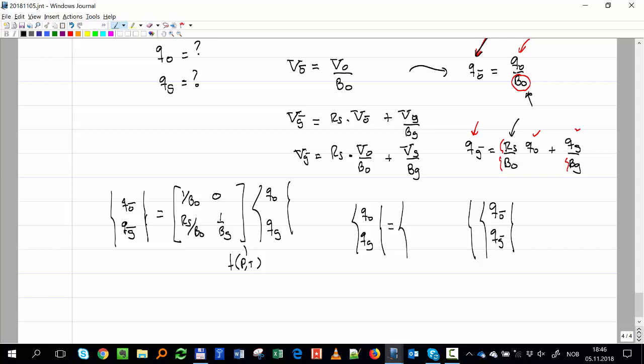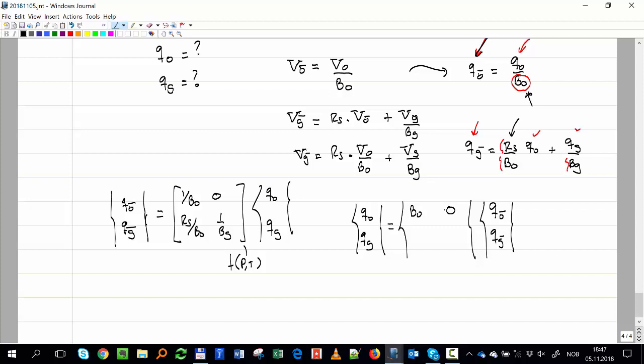So if you take that equation simply, Q oil will be BO times Q oil, and here you have 0. Simple as that. And the other equation, how do we deal with that?